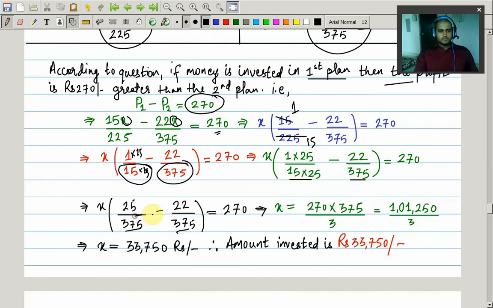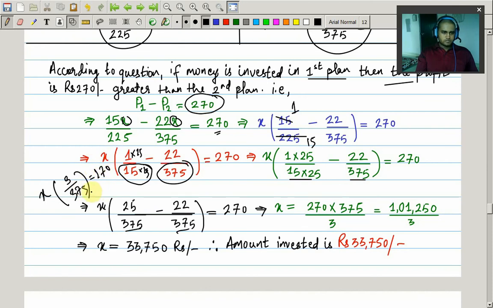It's easier to take LCM now. LCM is 375. Okay, so this step is x into 25 minus 22, which is 3, upon 375 equal to 270.